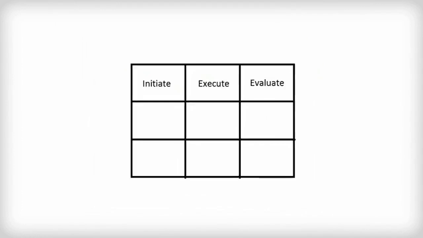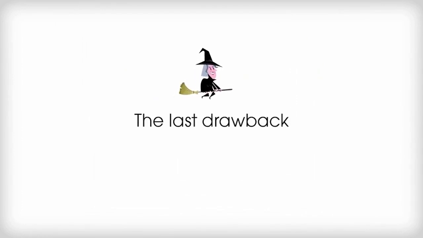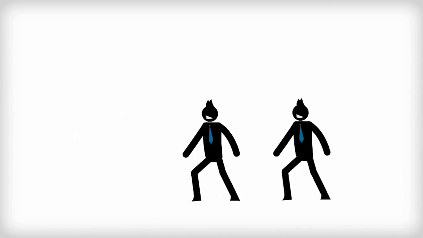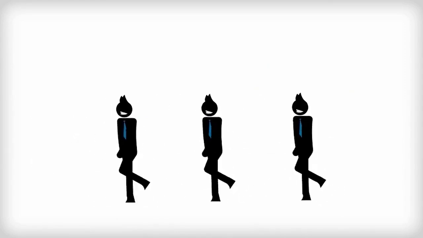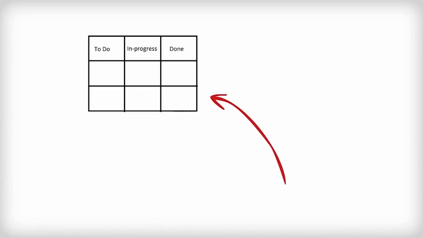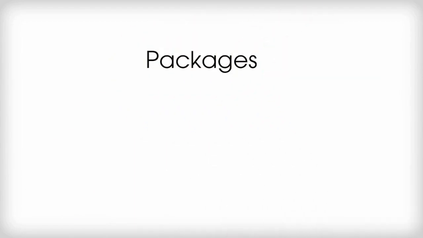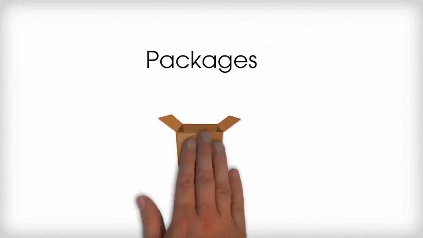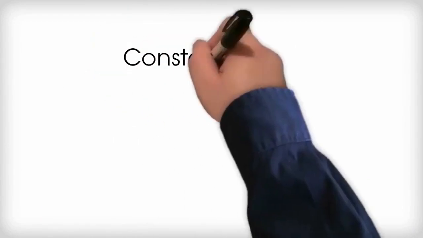And finally, we have the last possible drawback, which is incomplete work. In Scrum, there are several ongoing tasks at any given point in the sprint. A Scrum board shows this clearly. So we can say that in Scrum, features are delivered in packages, while in Kanban, features are delivered in a constant stream.